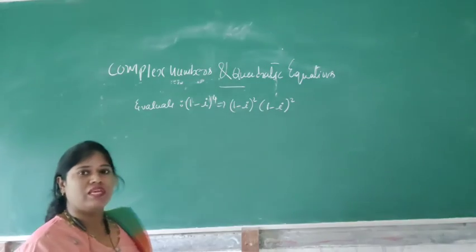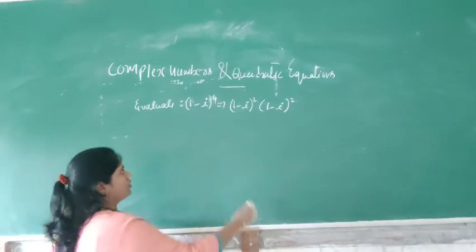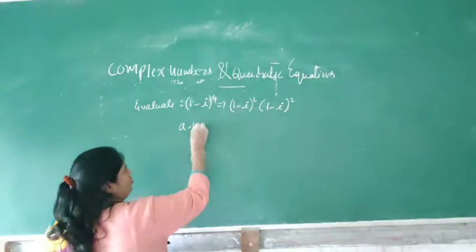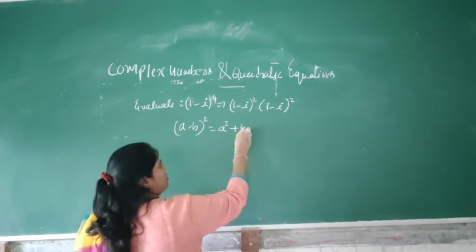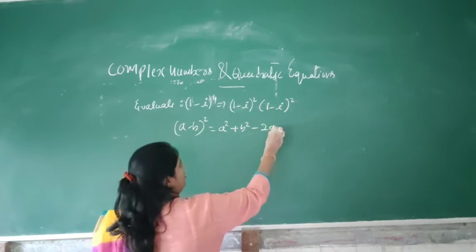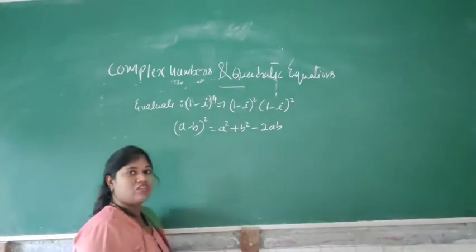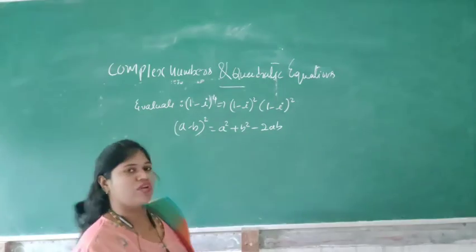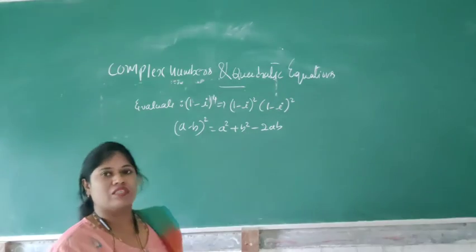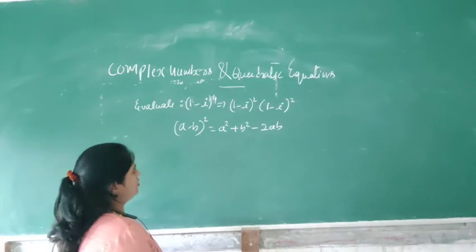So you know the (a minus b) whole square formula, right? What is that? a square plus b square minus 2ab. Instead of this, you can write a square minus 2ab plus b square also. Whichever is convenient, you can write.